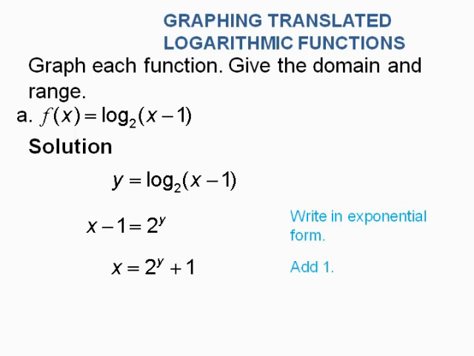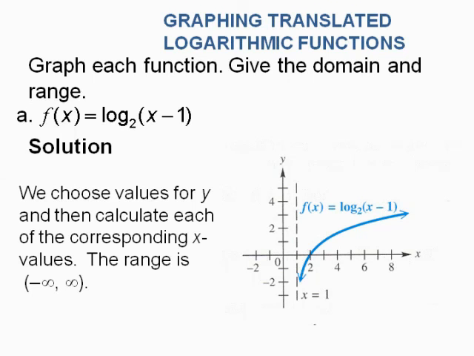So x equals 2 to the y power plus 1 here. Let's write that in here. And let's get some points real quick, because I like to have a lot of points when I graph these creatures, and show you what I mean here. So if we put 0 in for y, being careful here, 2 to the 0 power plus 1, 2 to the 0 is 1, plus 1, we get 2 for x.